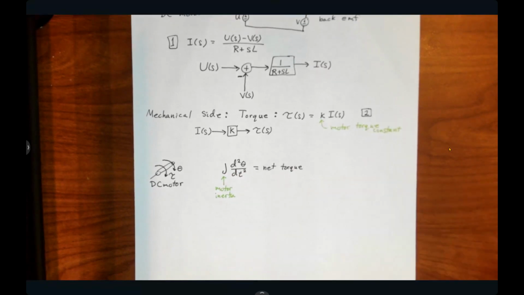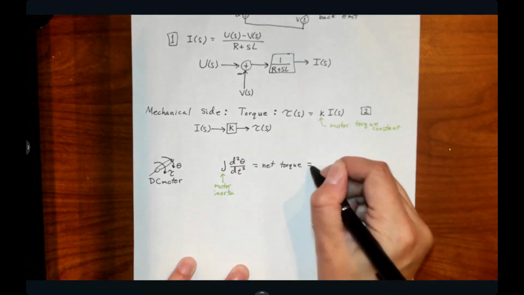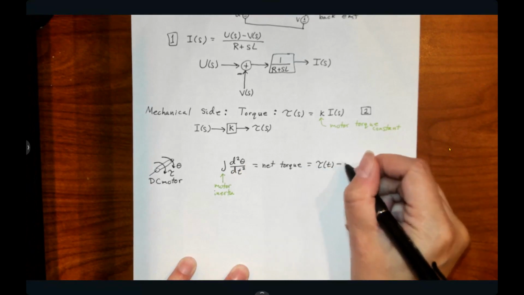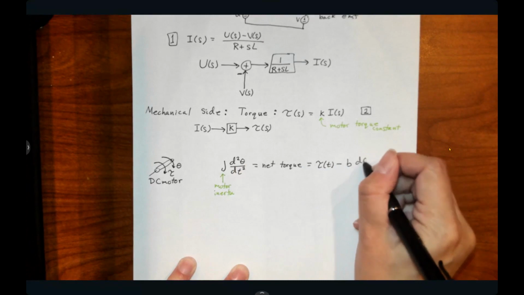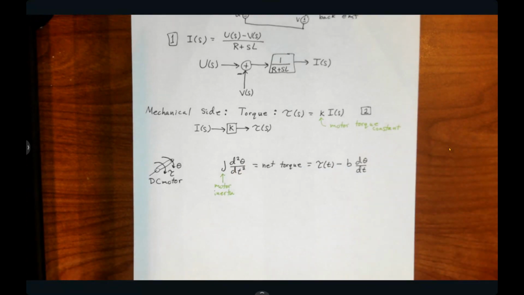And instead of linear acceleration, now we have angular acceleration because theta is an angular position. And instead of force, we're going to have torques. And the net torque is going to be some applied torque. And then we could also have potentially a little bit of friction acting on our motor as well.